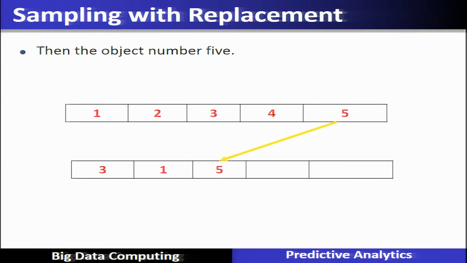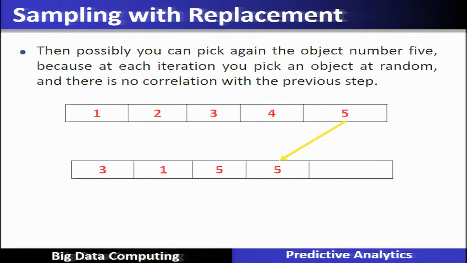Similarly, we will now pick object number 5, and we will replicate it at position number 3. And because this is random sampling with replacement, we can pick object number 5 again a second time. So, it is being duplicated. That is allowed in random sampling with replacement.